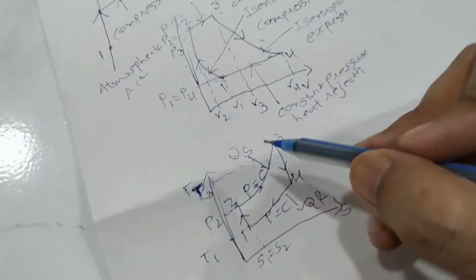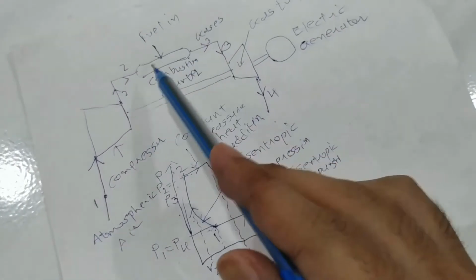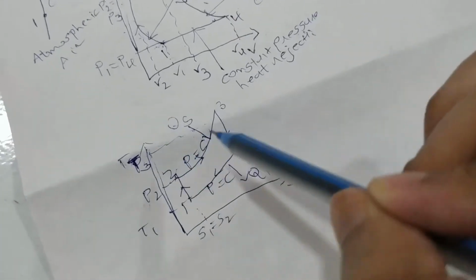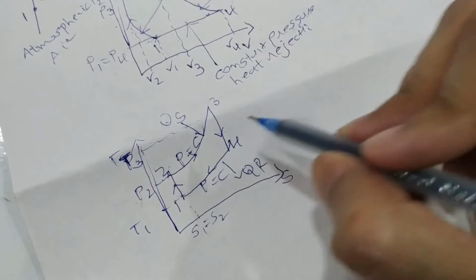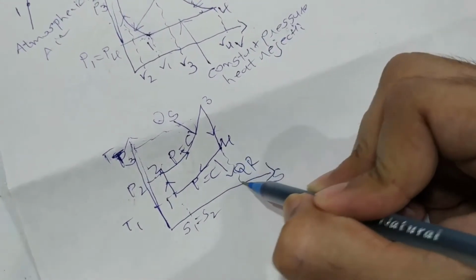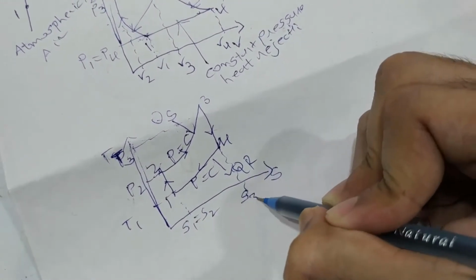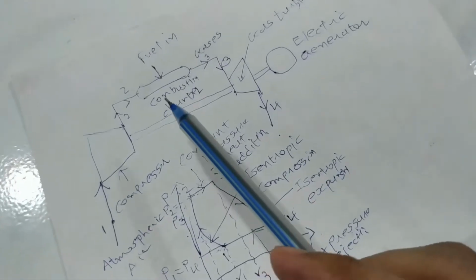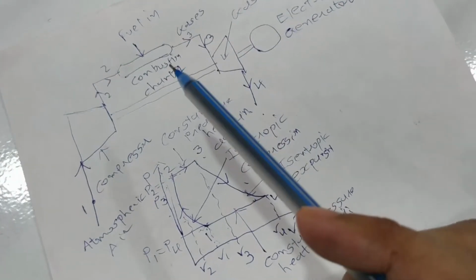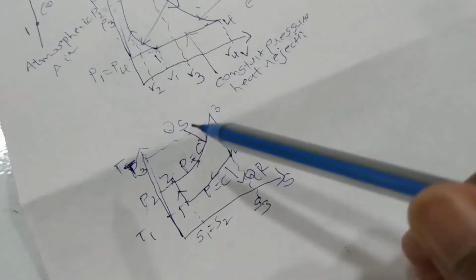During the combustion process 2 to 3, temperature increases and entropy also increases, and this is the entropy S3.